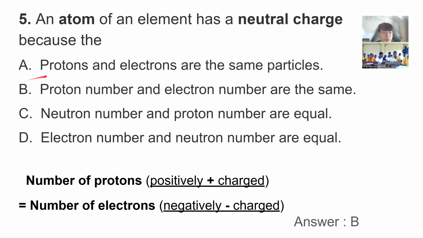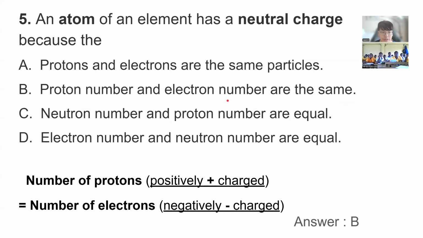Here, I think you answered A, but A says protons and electrons are the same particles. So this might be a little trick question, since they are not the same particle, but the numbers are the same. That is why B is correct.